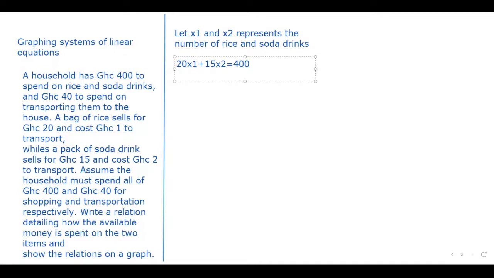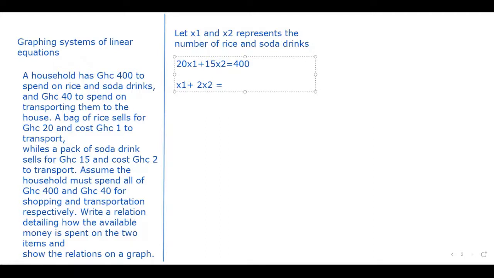Now we are done with the amount to spend. Let's move on to the transport. Now we are saying the bag of rice costs 1 cedi to transport. So 1 cedi, how many bags are you going to transport? You don't know. So 1 times x1 will give us x1. You don't write 1x1, no. Plus the cost of transport relating to soda drinks, that one is 2x2. 2x2 equals to what?